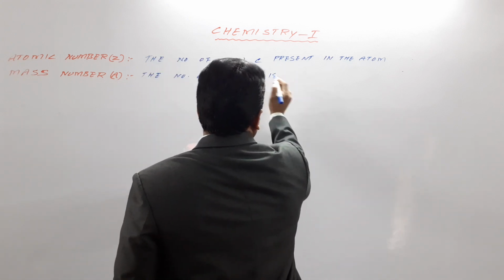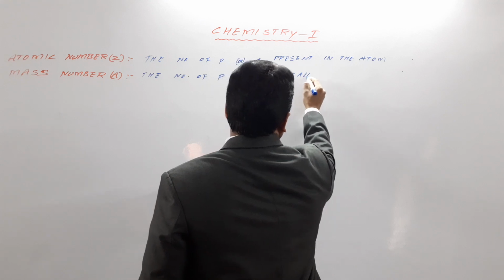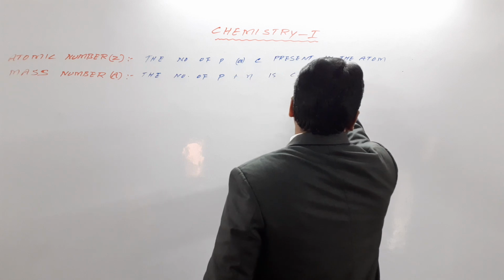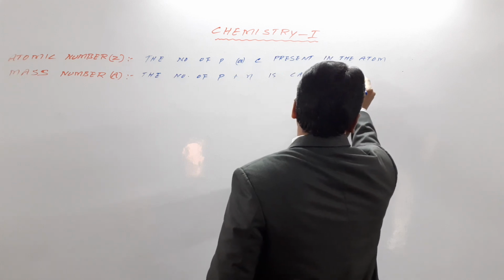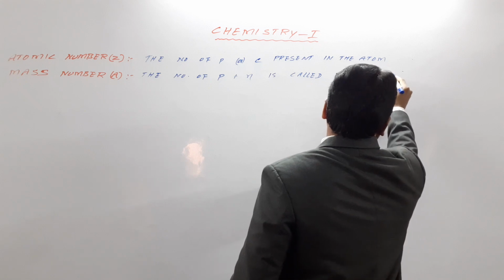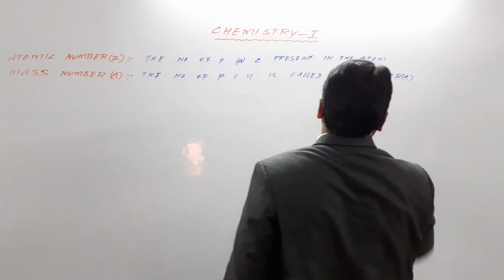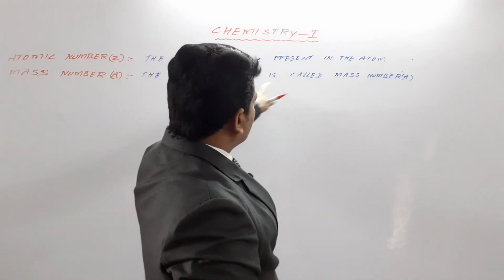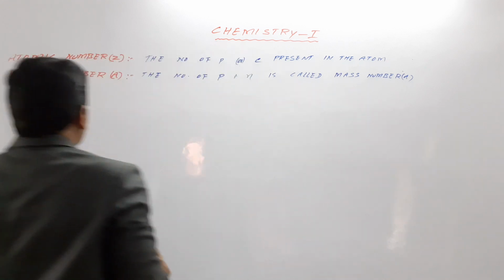The number of protons plus neutrons is called mass number A.